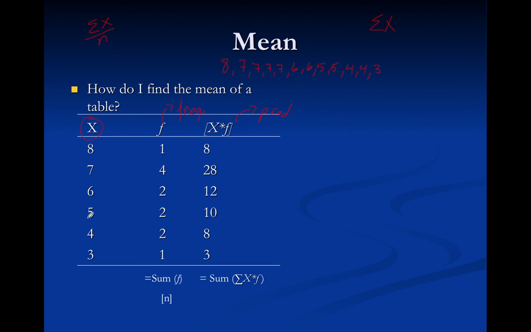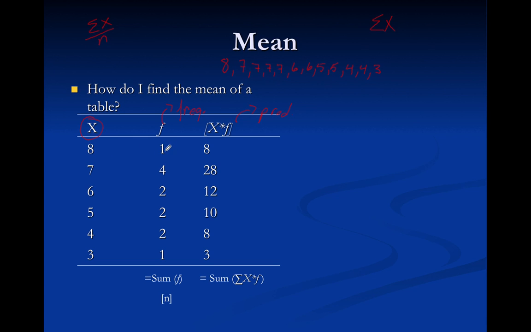Now, many times individuals will make the error of just summing these numbers up. So they're going to add 8 plus 7 plus 6 plus 5 plus 4 plus 3. That's not correct. And the reason that's not correct is because they're not looking at this particular column here. Why do I have to look at this column here? Because this column is telling me how many times each one of these values occurred in my data set.